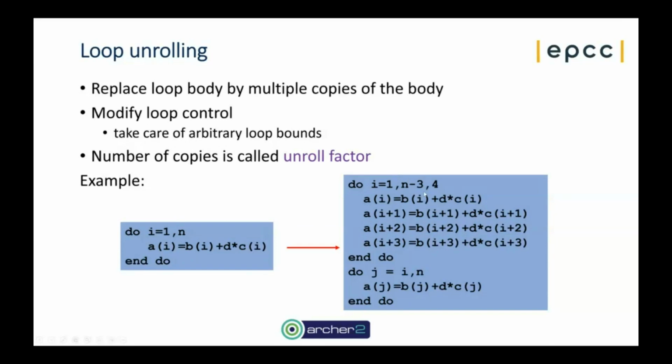But we have to do the logic ourselves to handle n being any size. So we've got to make n less than a certain amount, go up by increments of 4, and then handle any leftover amounts there are.